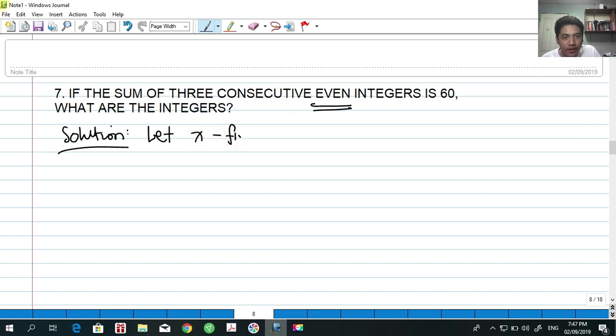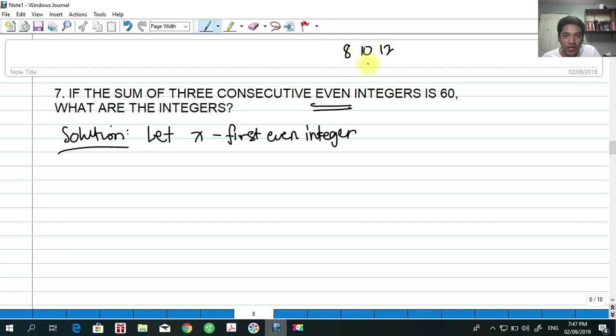the first even integer. And of course, if that is an even number, let's say 8, the second consecutive even number to this is actually 10, and the third is actually 12.